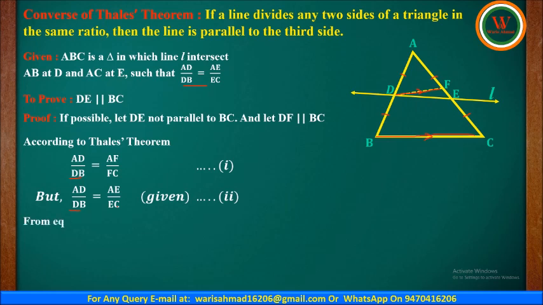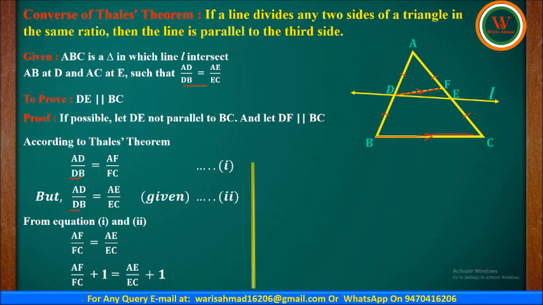So here from equation 1 and 2, we can write AF upon FC is equal to AE upon EC. After getting this, now we will add 1 both sides, in the LHS as well as in the RHS. So AF upon FC plus 1 is equal to AE upon EC plus 1.